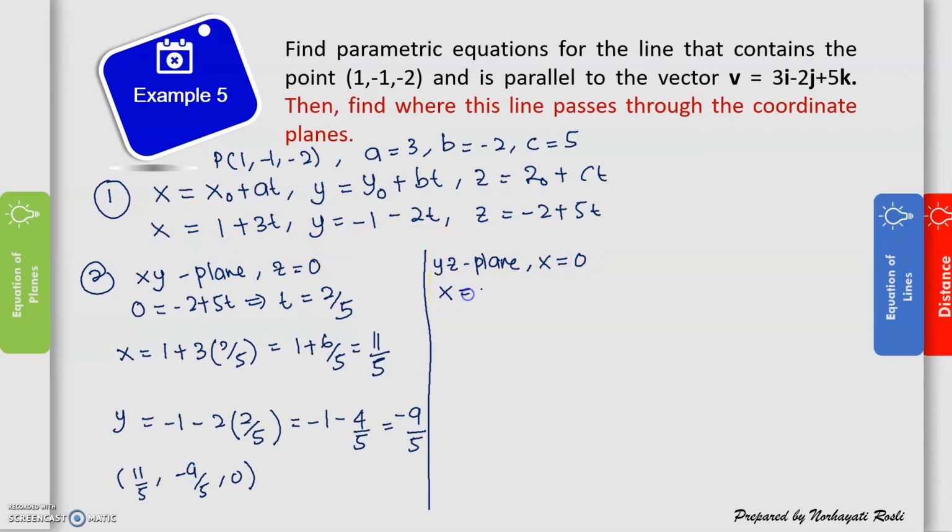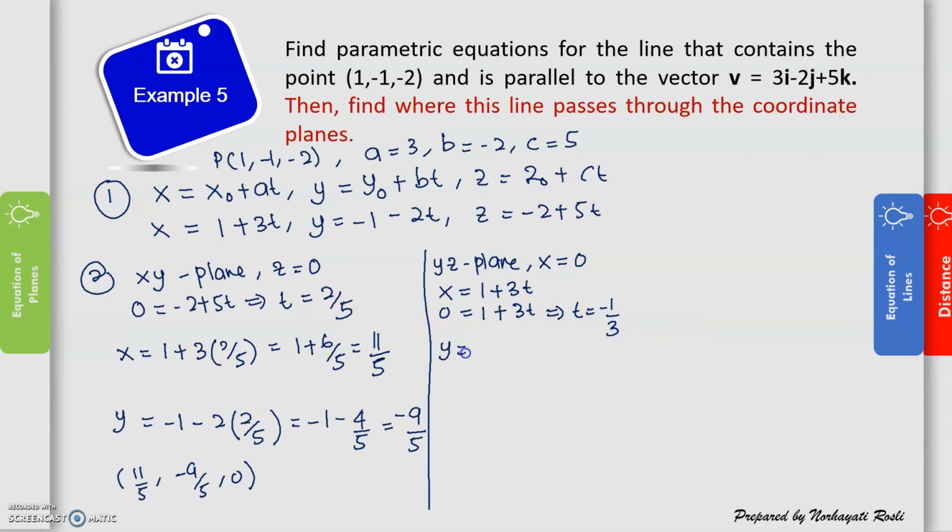So x equal to 1 plus 3t means that 0 equal to 1 plus 3t, so we get t equal to negative 1 over 3. And then we can solve for y and z.